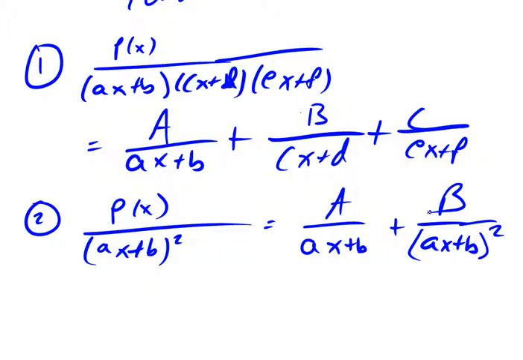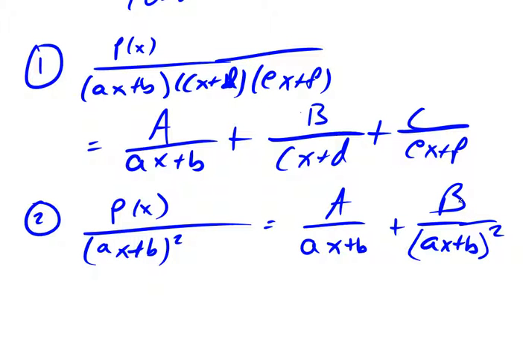I want to point out that by doing this, now the least common denominator between these two is this one over here. In order to get these two fractions combined, I would have to multiply this one top and bottom by ax plus b, which means my numerator would be capital A times ax plus b, but that would be a linear numerator.